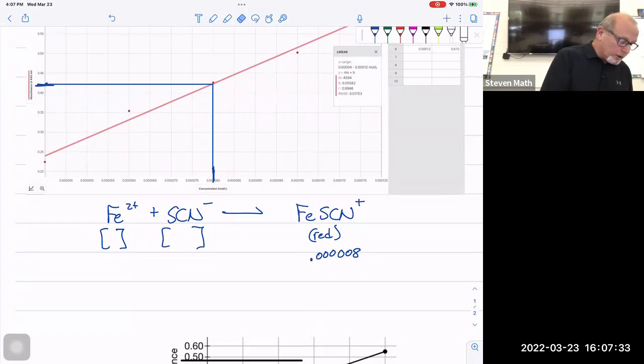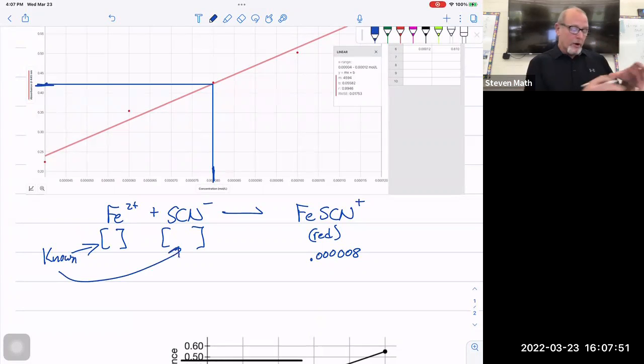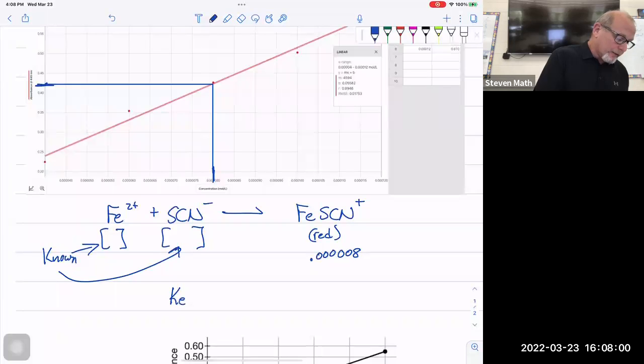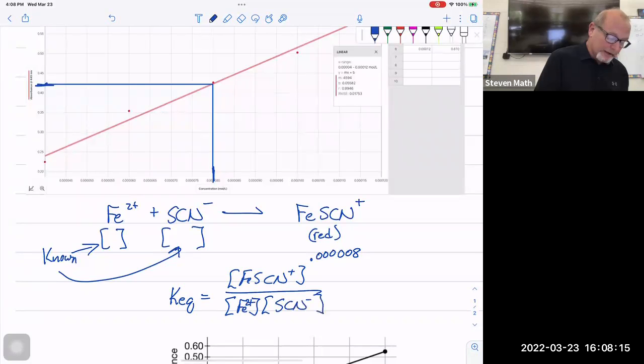But if I know going in that this concentration was known, this concentration was known, we mixed them together, and we found out the concentration of FeSCN, we can now calculate the Keq by putting the concentration of FeSCN2+ over the concentration of Fe2+ over the concentration of SCN minus.